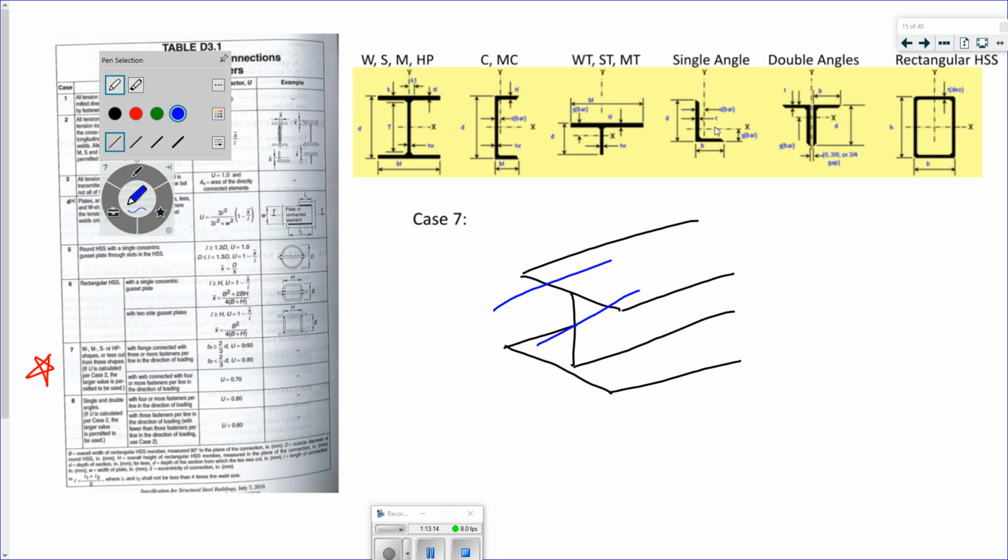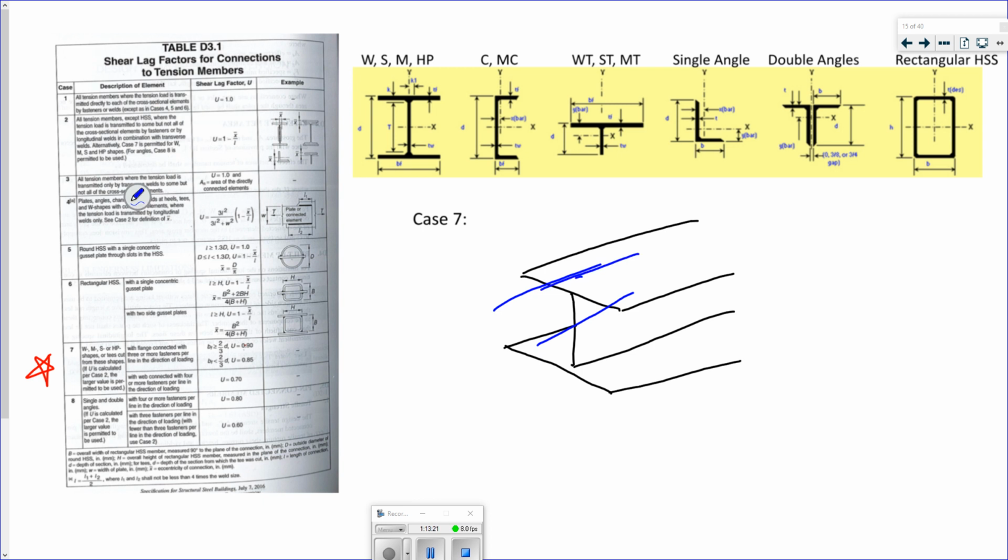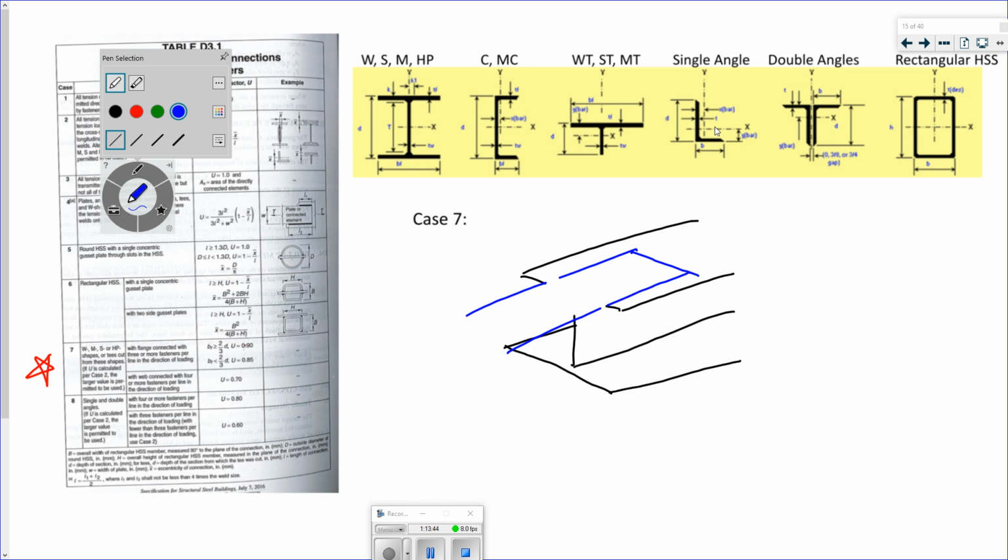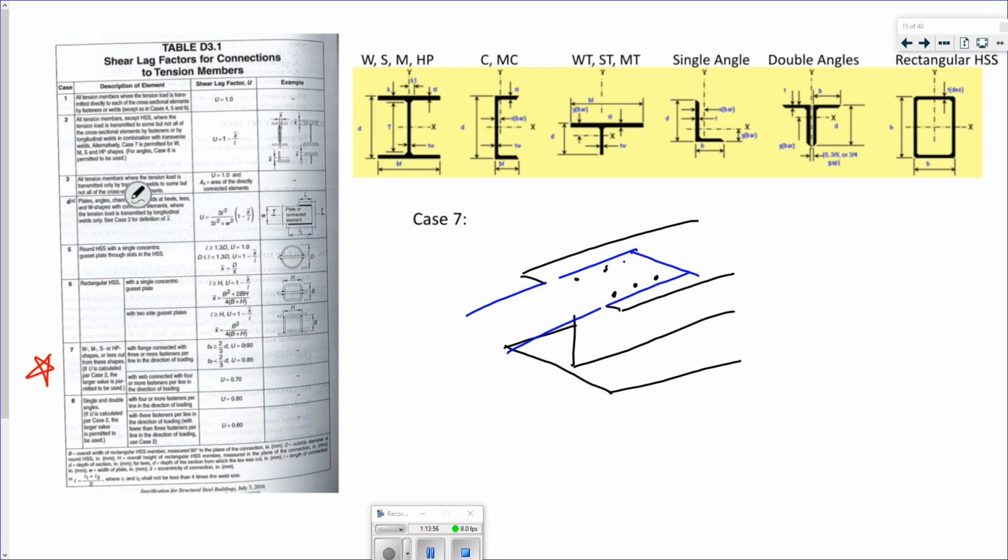Let's make it longer. Alright, got my plate there. If it has 3 or more fasteners in a row, so in line with the direction of loading, right? So 1, 2, 3. Probably symmetric, so it'd have 1, 2, 3.